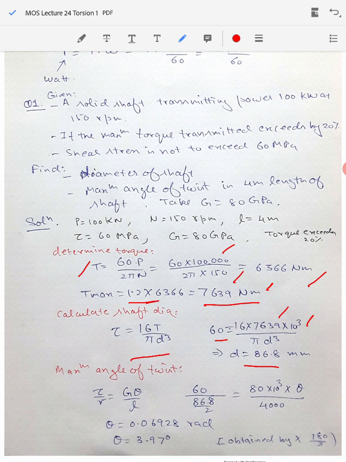Now the maximum angle of twist can be obtained by the other part of the relation that we have derived, that was tau by r equal to G theta by L. For tau you substitute 60 megapascal, so that is 60 here, because megapascal is equal to Newton per millimeter square. For r you substitute d by 2, that is 86.8 divided by 2, the diameter you have just calculated.